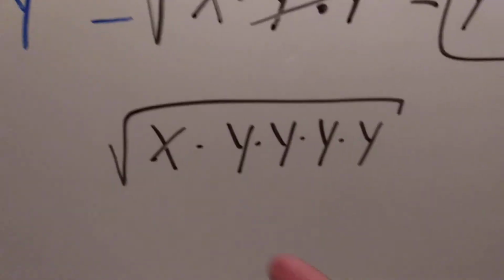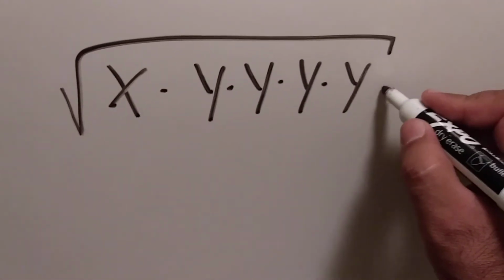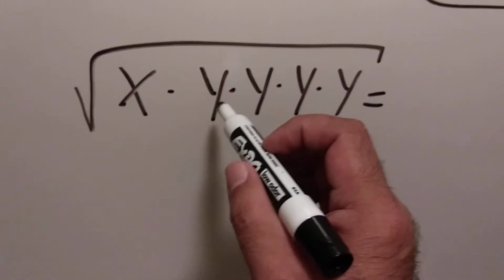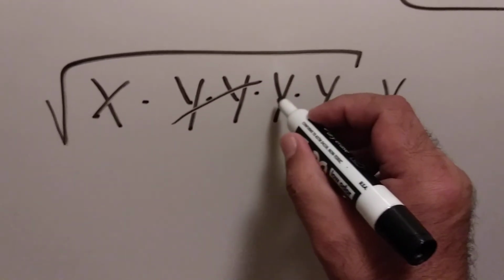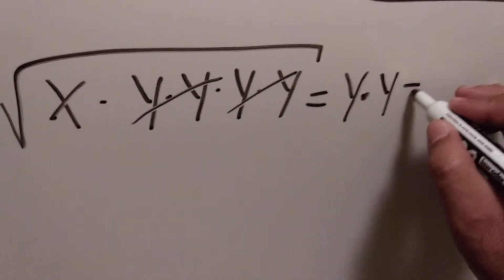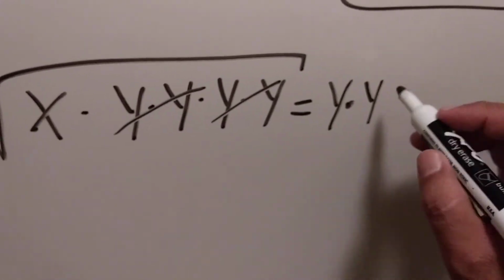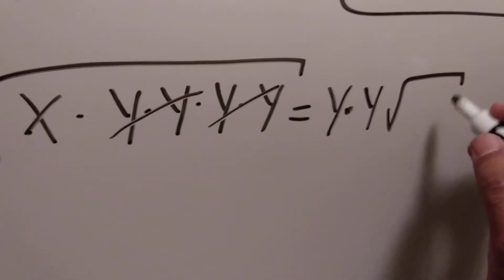If we were to proceed in this manner with the completely expanded version of it, it's still the same thing. Look, one y with a second y comes out, and one y with another y comes out, right? To simplify it, you multiply them here, and the x will remain inside because it doesn't have an extra x to be simplified with.